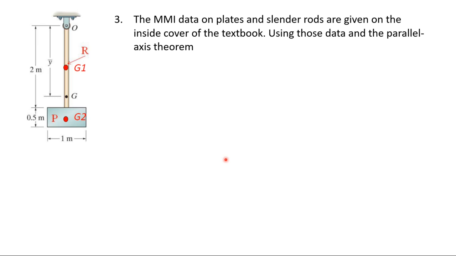Now, third, the MMI data of the plates and the cylinder rods are given on the inside cover of the textbook. You can check that. Using these data and the parallel axis theorem, we're going to do the calculation to find the I. So the I for the whole pendulum is going to be the I G1 of the rod plus M R multiplied by the distance, G minus G1, squared.